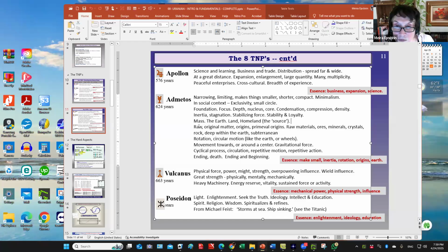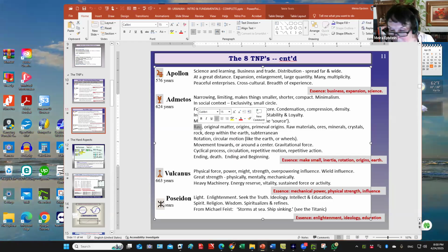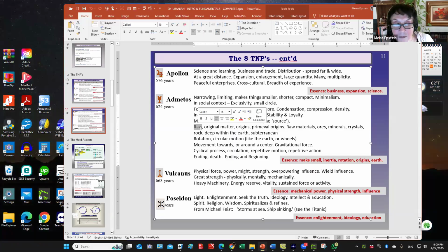So let me talk about raw. I always love to tell the anecdote to show you how I was able to use the word raw in a real-life situation. A guy came for a reading. Some of you heard this from me, sitting in my living room pre-COVID. He had Admetos connected in his chart with the asteroid Ceres, and Ceres has to do with food.